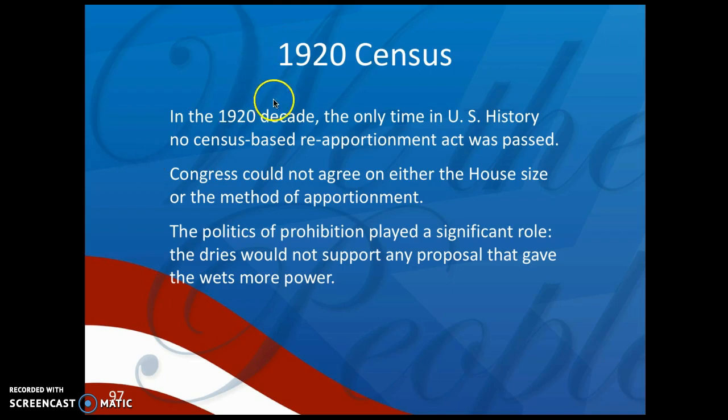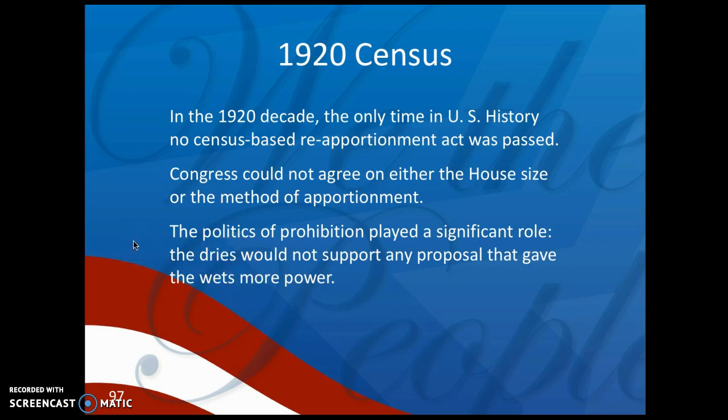The reason that there was no census-based reapportionment act in the 1920s, most historians say, is prohibition. The politics of prohibition played a significant role. The Dries, the people that wanted prohibition to prohibit the consumption of alcohol, would not support any proposal that gave the Wets, people that did not want prohibition to happen, more power, and vice versa.